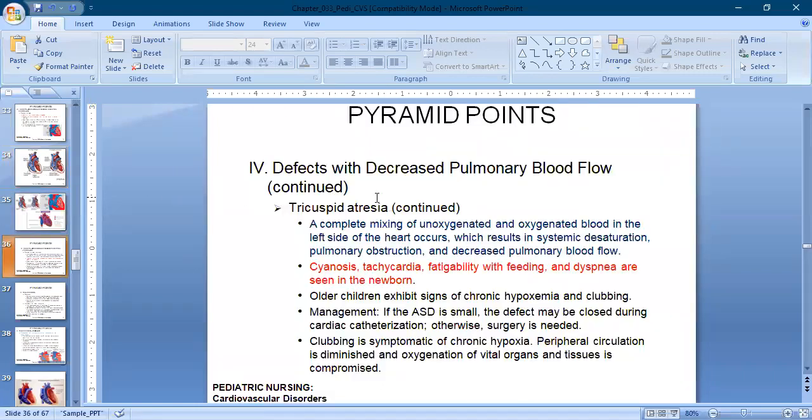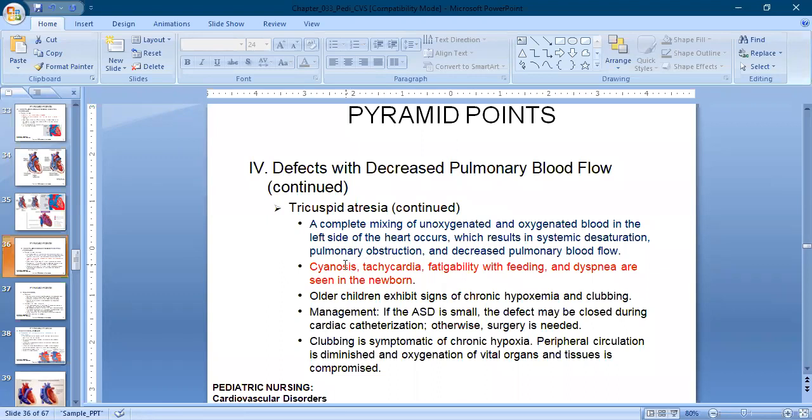Tricuspid atresia, as I explained a few minutes ago, involves complete mixture of unoxygenated and oxygenated blood in the left side of the heart, which results in systemic desaturation, pulmonary obstruction, and decreased pulmonary flow.